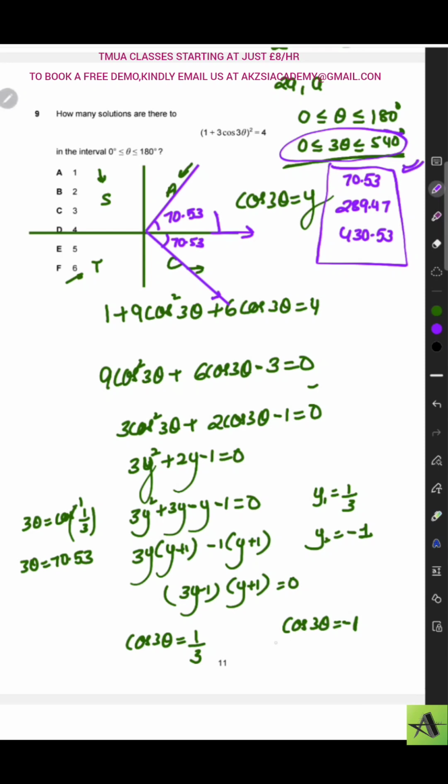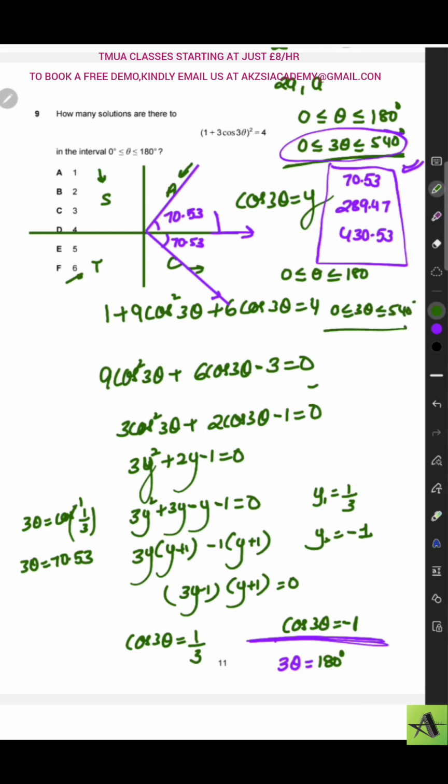Now we have to use cos 3 theta equals -1. For 3 theta, it has to be cos inverse -1, which is 180 degrees. Again, theta has to be between 0 and 180. So multiplying all the sides by 3, 3 theta should be between 0 and 540.